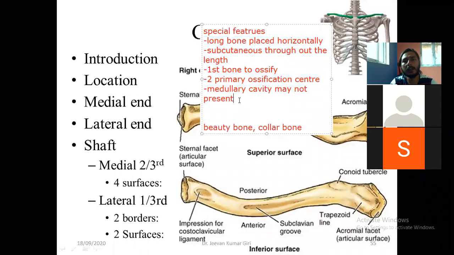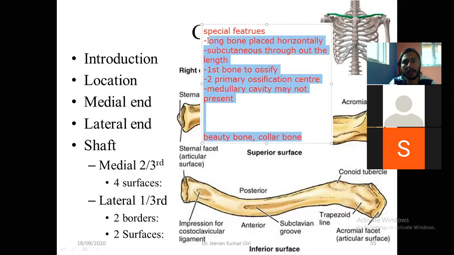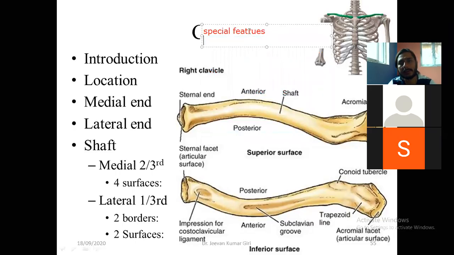Now see, if you look at the difference in the shape of the clavicle between male and female, you will find some differences. In case of female, the clavicle is lightweight, thin, and shorter. But in case of male, the clavicle has more weight, it is slightly heavier, longer, and it is rough and irregular. In female, it is smooth.